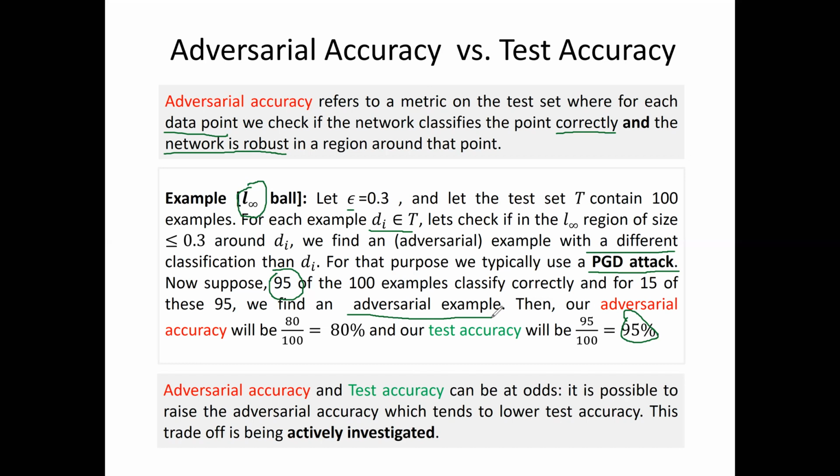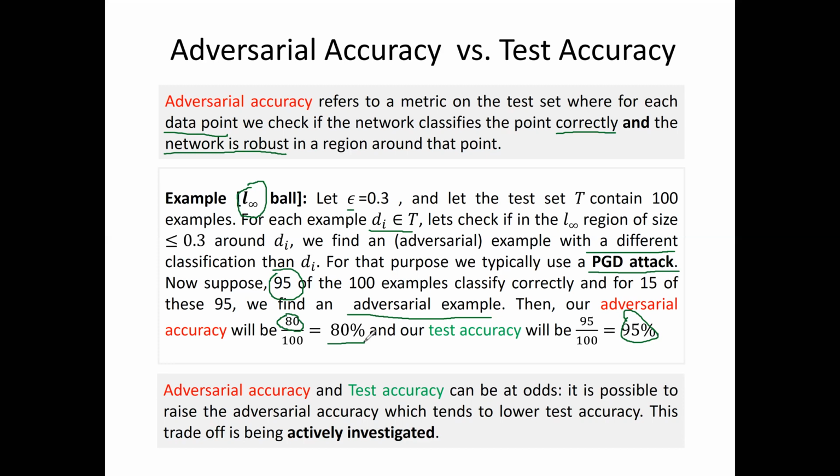So we'd have to subtract this 15 from the 95, and we would end up with 80 points in the test set that are classified correctly by the model, and which are robust in the region around these points. So at least experimentally, it is hard to find an adversarial attack. And so we would end up with an adversarial accuracy of 80%.